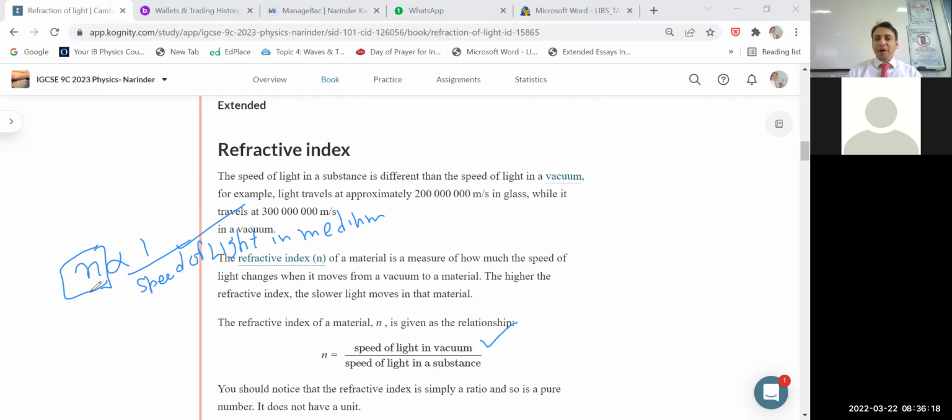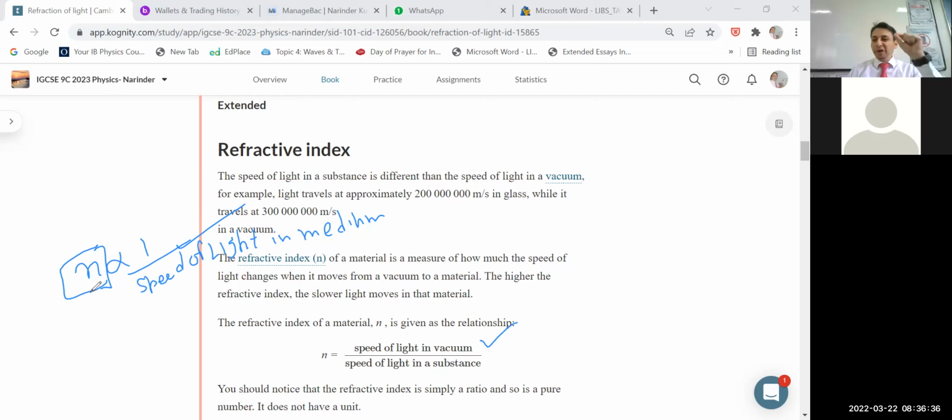So there is another answer to why the speed slows down: due to the refractive index of the material. Refractive index will help us find out how much the speed of light is reduced in that particular medium.